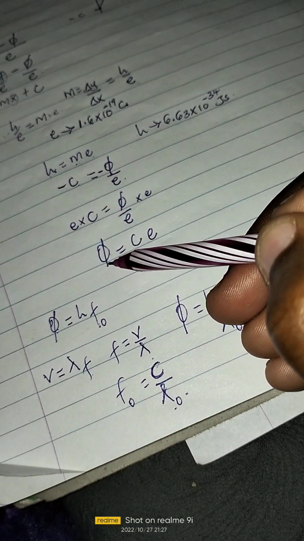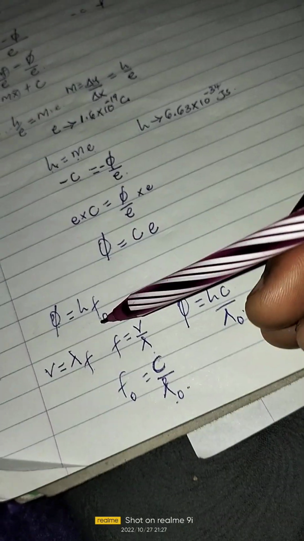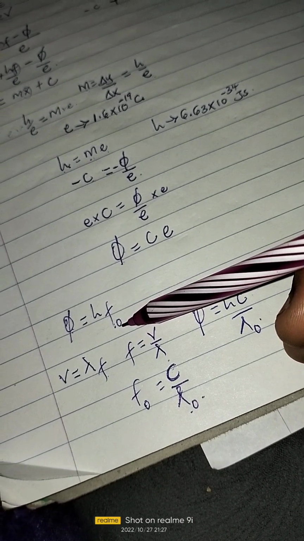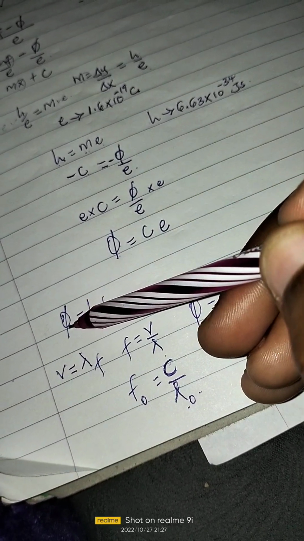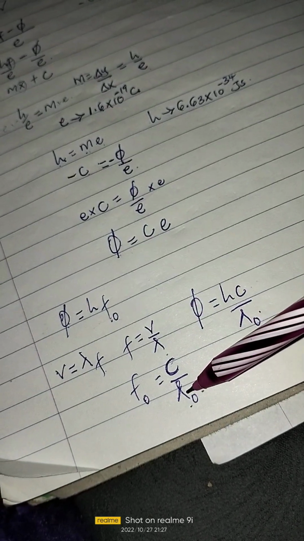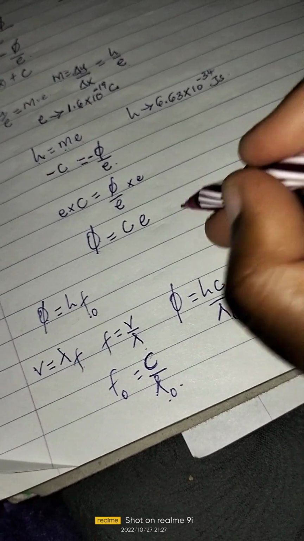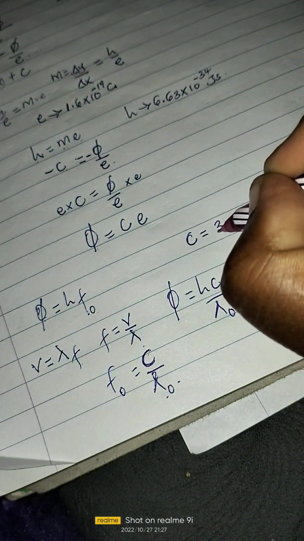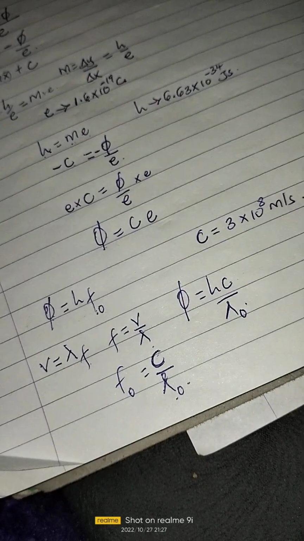Then we can also obtain from the graph the work function. We can also calculate the threshold frequency once we have the Planck's constant and the work function, and we can also obtain the threshold wavelength. C, the speed of light, is 3 times 10 raised to power 8 meters per second.